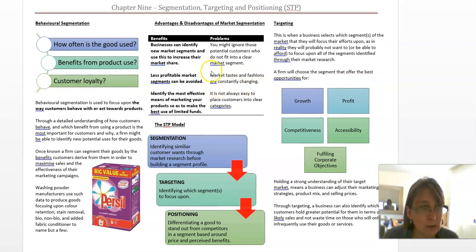Information is historical and you don't know if that will stay the same. And it's not always easy to put people into those categories. Once you've segmented or pulled apart the population, then you decide which of those segments is the most appropriate to focus on for your product.